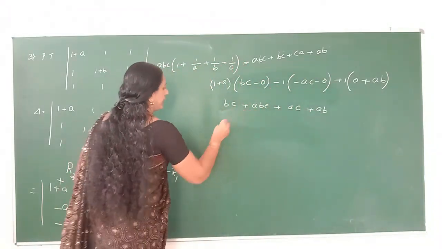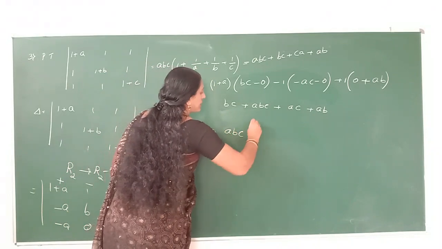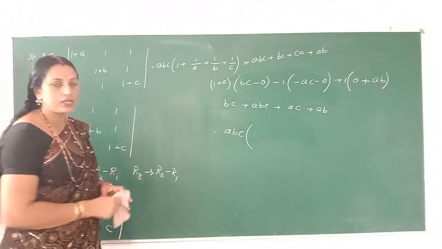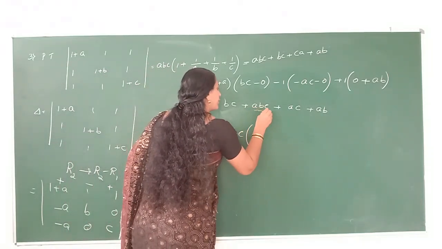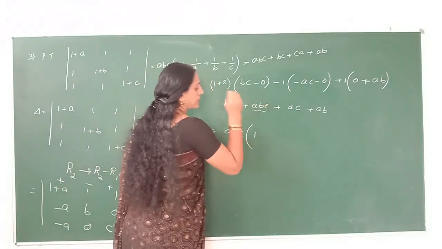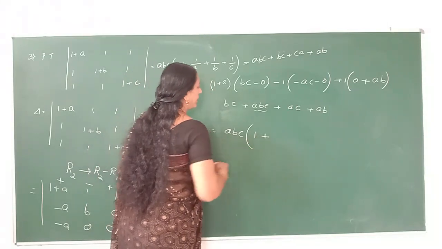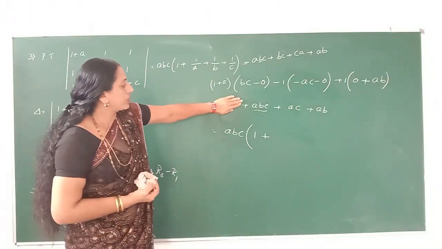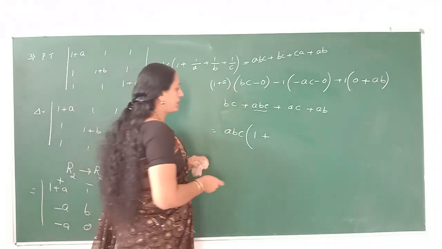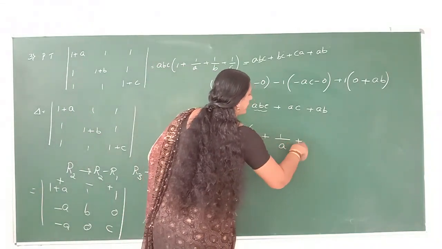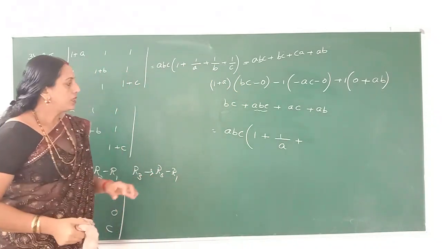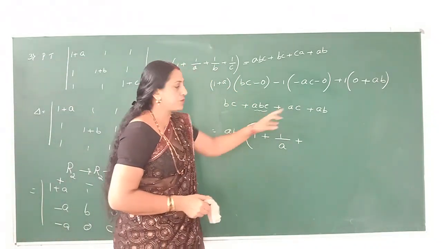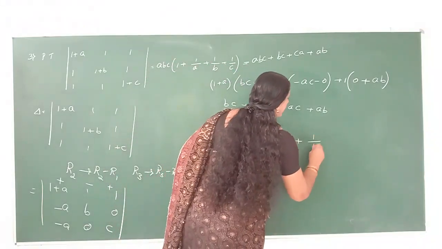After that, in that expansion, ABC is a common factor. Therefore, after taking the common factor, in place of ABC it is nothing but 1. Plus, in terms of BC, with ABC as a common factor, the remaining element is 1 divided by A. Similarly, for A into C, after ABC as a common factor, 1 over B is the remaining factor.